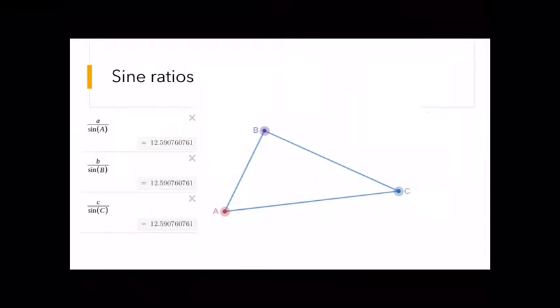So sine law, or sine ratio, two ways to put it.